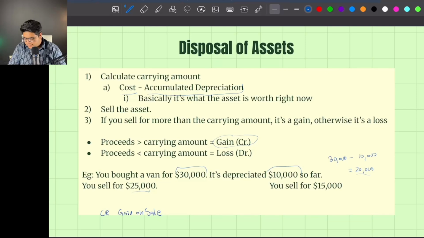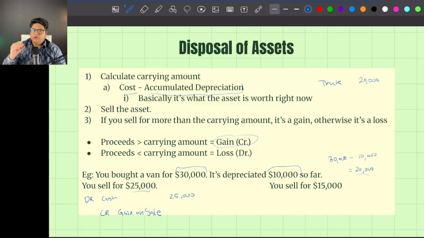You already know that that is a debit in cash for $25,000, right? And you know that it's worth $20,000. So in your balance sheet, you're going to have an account. Let's say it's just called truck. In this case, the truck value would be $20,000, right? That's the net carrying value.